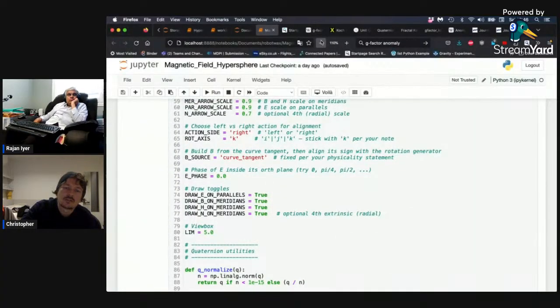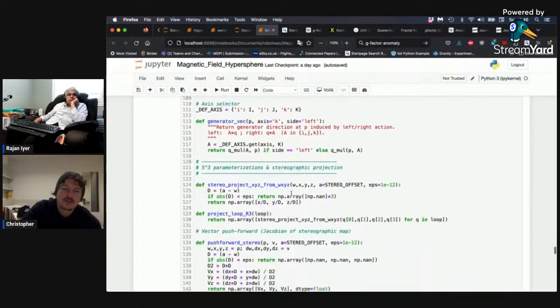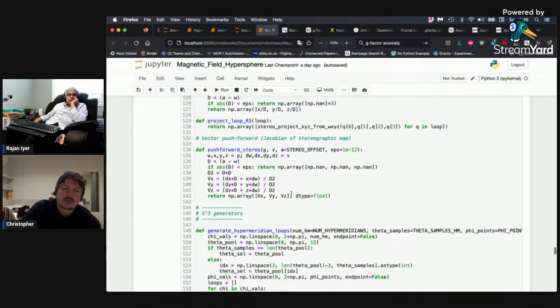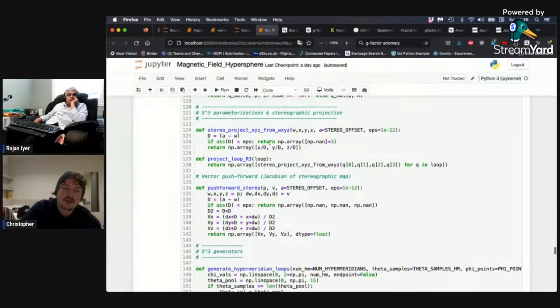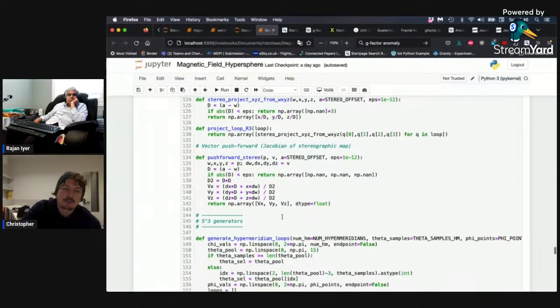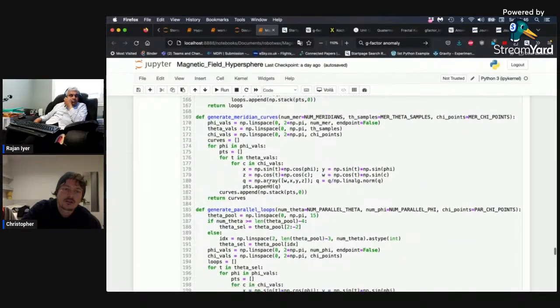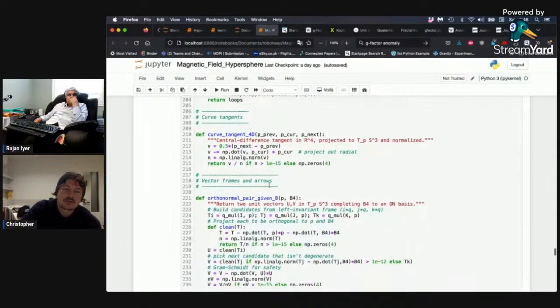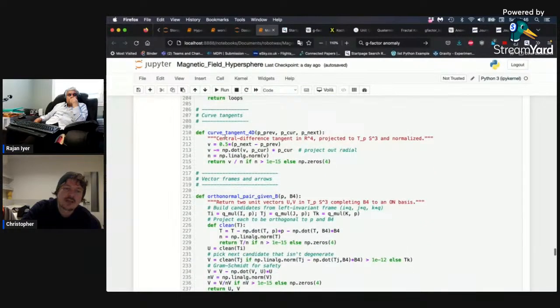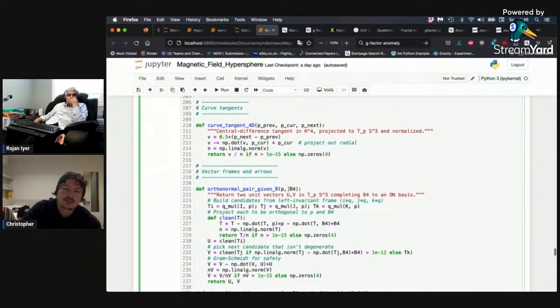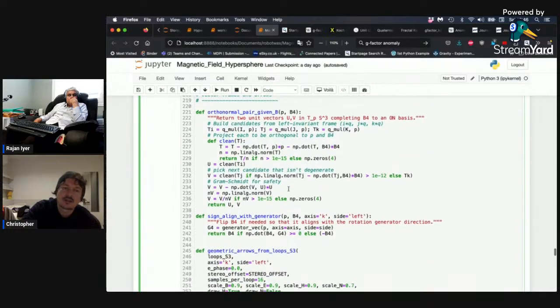So I think we're too big here, but normalize. Right, so we stereographically project it. This is kind of a push forward sort of thing. Generate the loops, and then we get the curve tangent. So we're sampling on the curve, and then we'll take the orthonormal, the orthogonal vector from the magnetic vector.